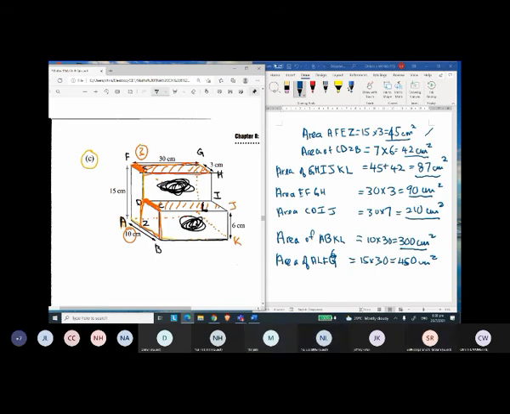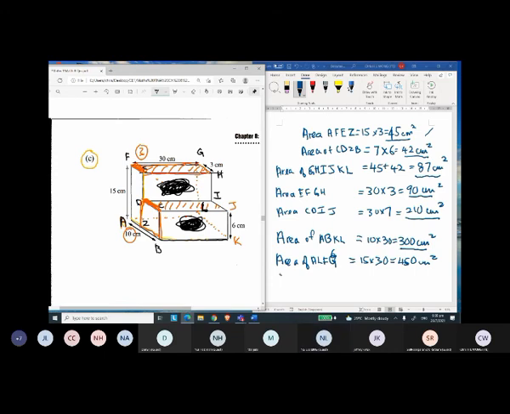I repeat: this area plus this area equals 450 at the back, exactly the same. Yes, sir. You can see, right? 15 times 30, 450. So it's the same as 450, no?